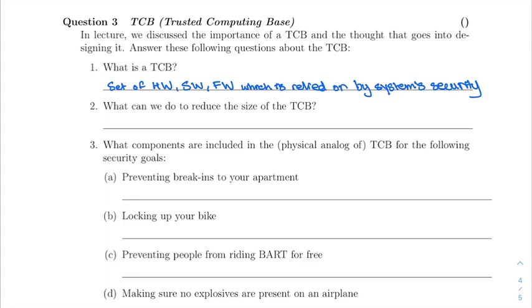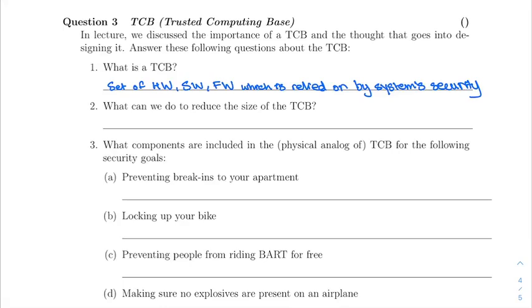Now, on the flip side, if something is not included in the TCB, then if it goes wrong, it shouldn't affect your system security. Maybe some functionality goes a little wonky, but it shouldn't violate any of the security principles that we mentioned from before.